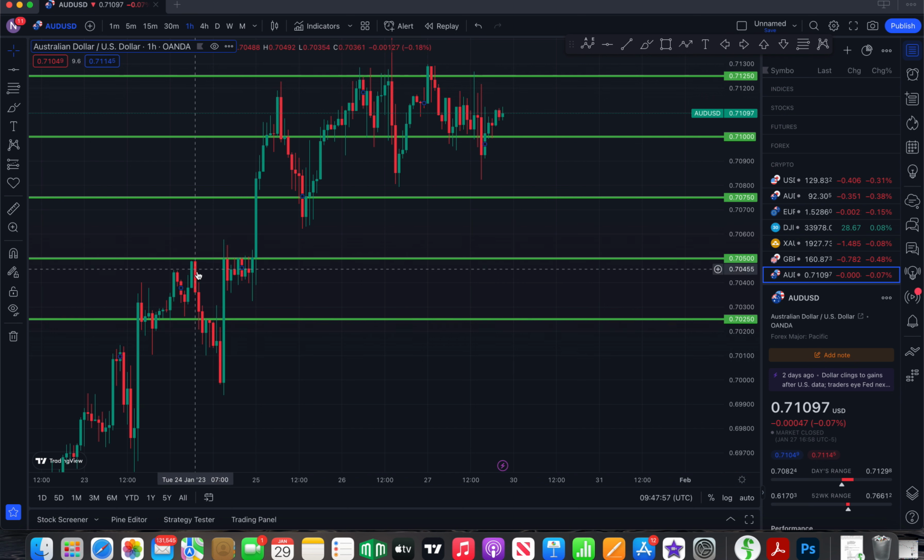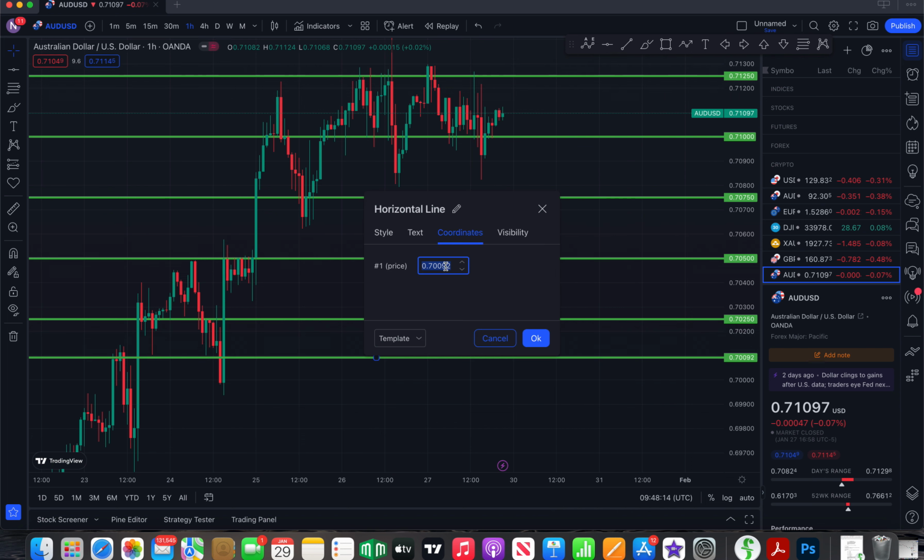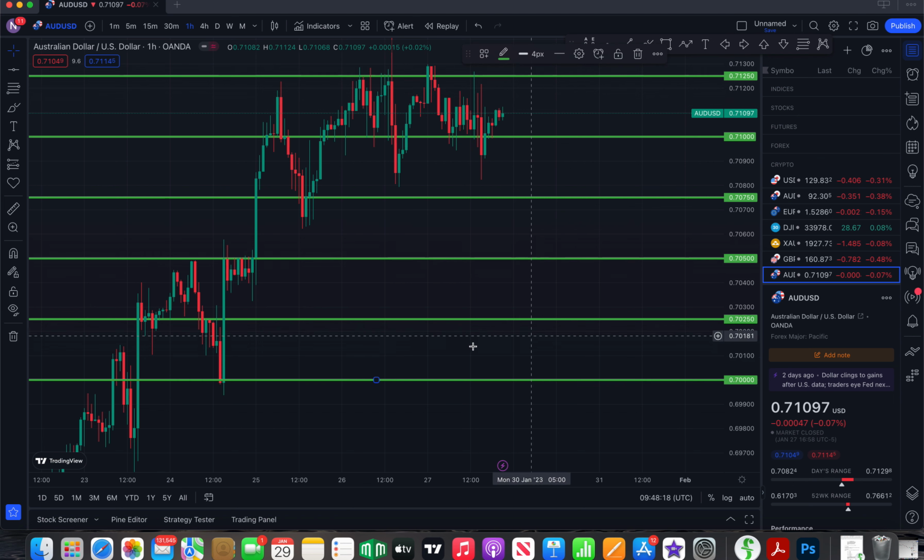It breaks the price, comes back, starts to hover around it, and breaks it and uses it as a point of entry. Actually, let me go ahead and fix this a little bit so you guys can see a little better of what I'm talking about. Okay. There you go. Now it makes more sense.